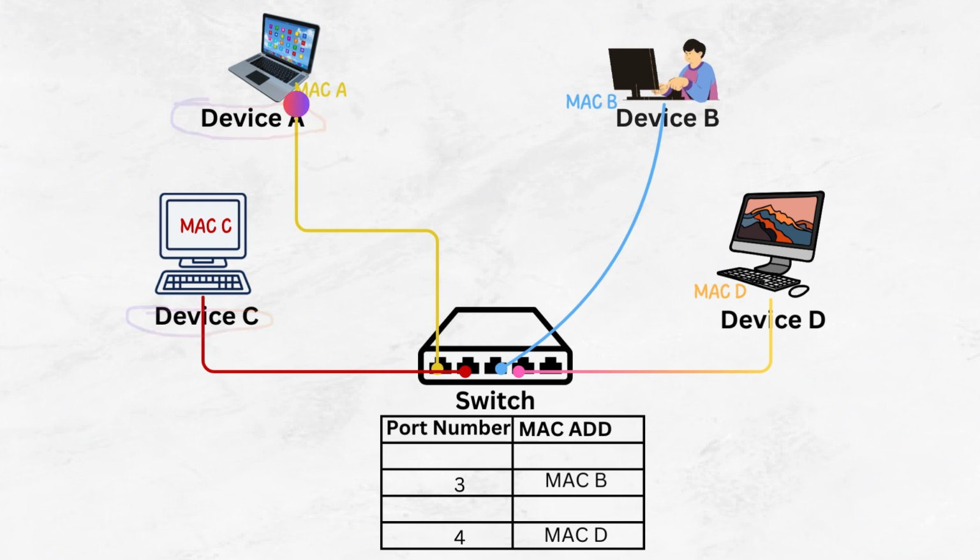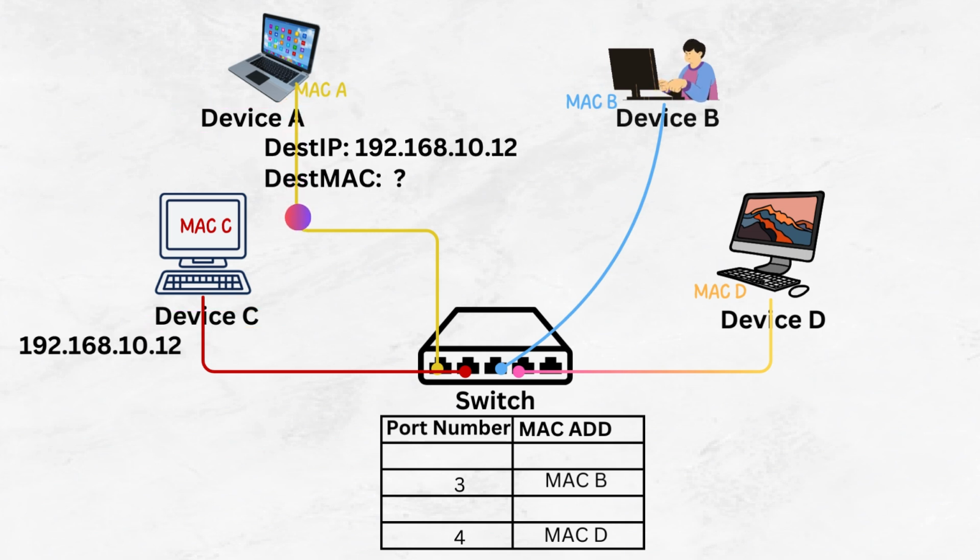Let's suppose device A needs to send a frame to the destination device C but doesn't know the MAC address of device C. Device A sends an ARP request broadcast frame asking who has IP address 192.168.10.12. The switch receives the broadcast and forwards it to all ports.